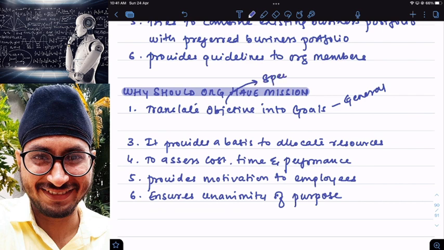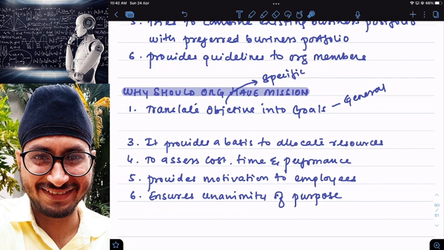Objective is specific. Goals are general. I want to increase my market share, that is an example of a goal. But I want a 20% increase in market share in the electronics market by the end of 2022, that is an example of an objective.